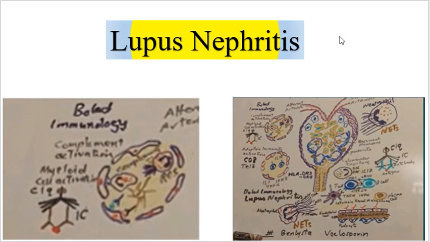The source of immune complexes could be from the blood, or they may be formed in situ here, or maybe due to NETs formation from the neutrophils, or neutrophil extracellular traps, and this will lead to severe inflammation. Maybe some of these immune complexes will settle here below the endothelial cell and lead to destruction of podocytes with some degree of proteinuria.